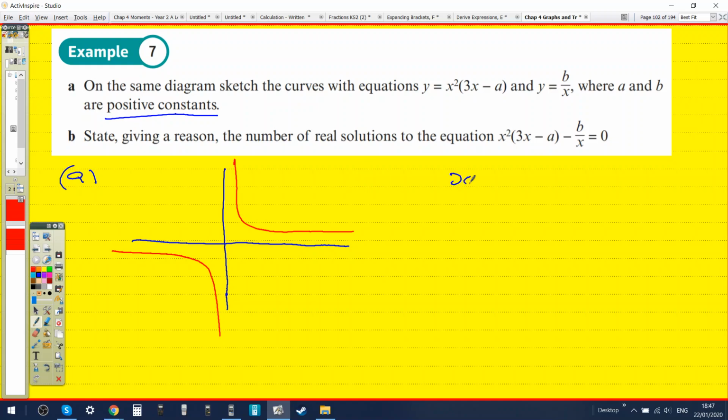You're very sure. x squared, 3x minus 5. Find the points, the roots and stuff. Expand out. Okay. So you're going to get 3x cubed minus 5x squared.